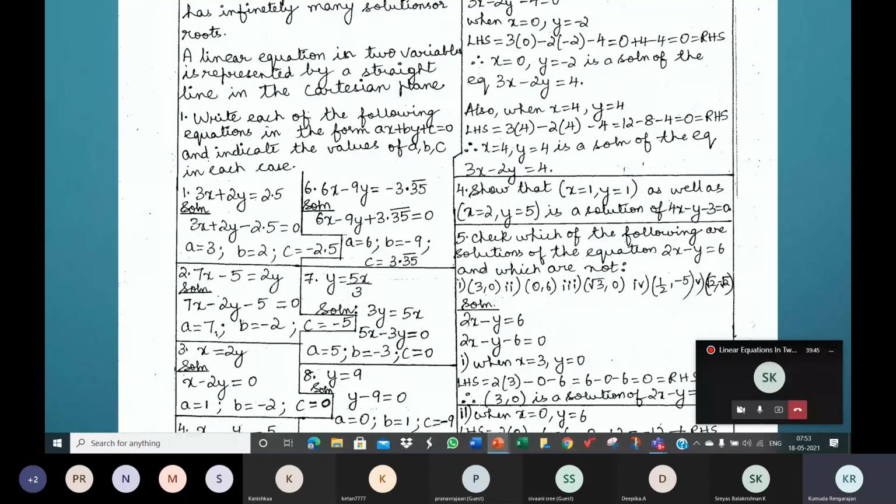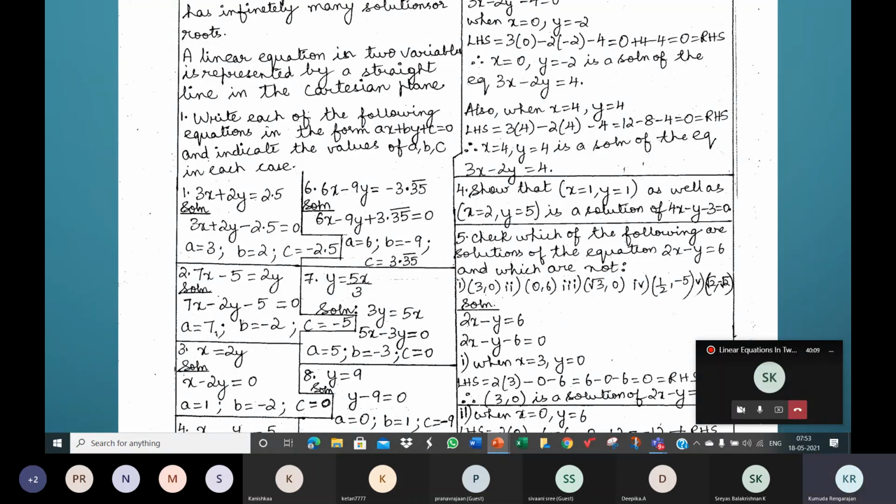Geometrically, a linear equation in one variable is represented by a point on the number line, while a linear equation in two variables x and y is a straight line on the Cartesian plane.